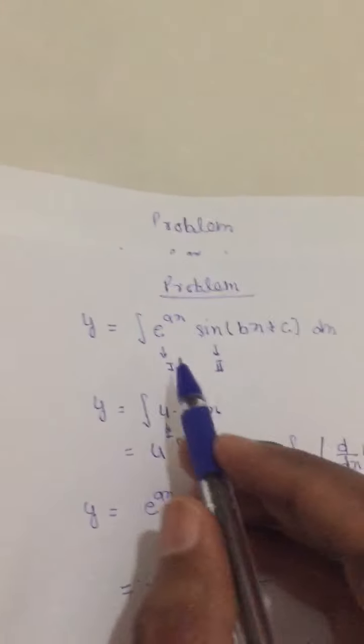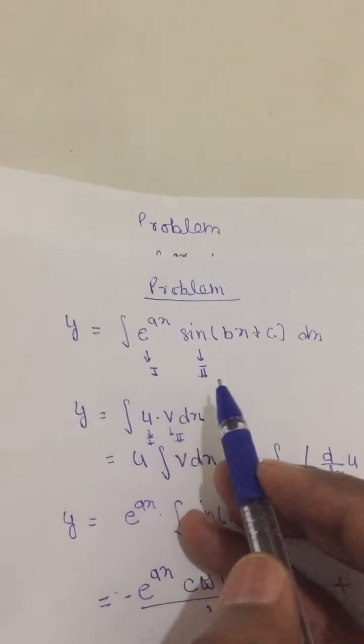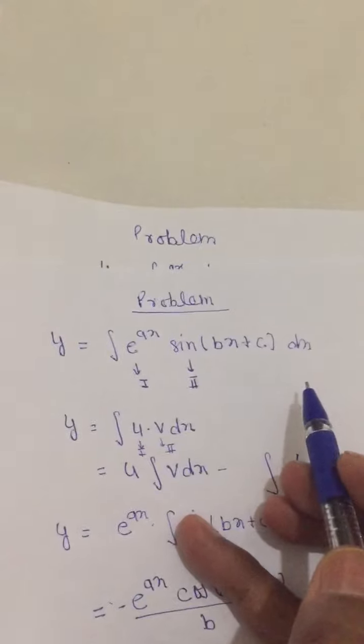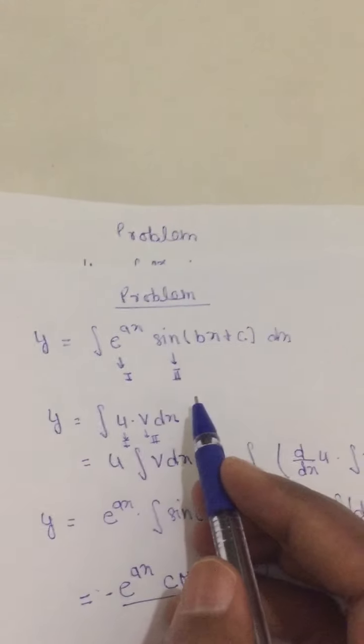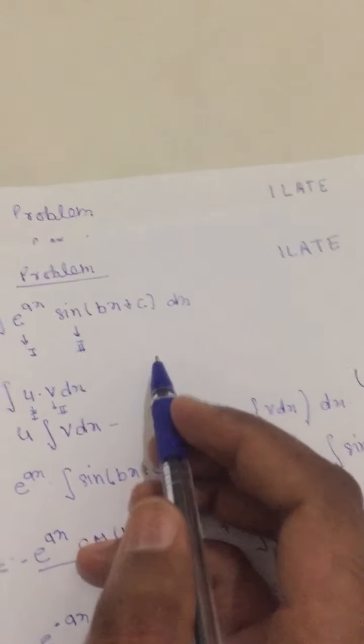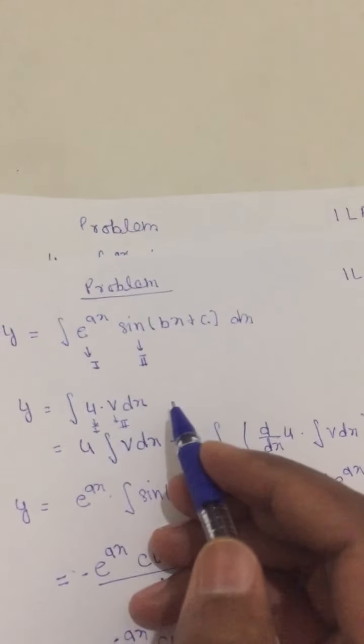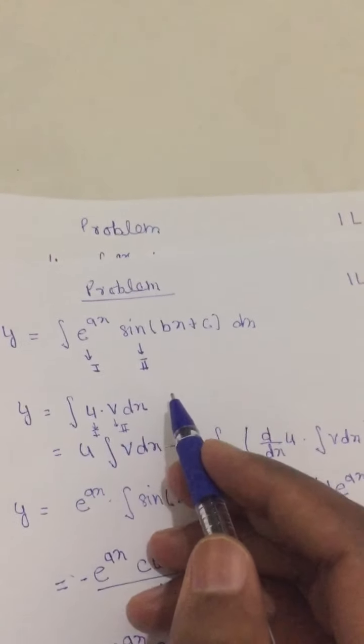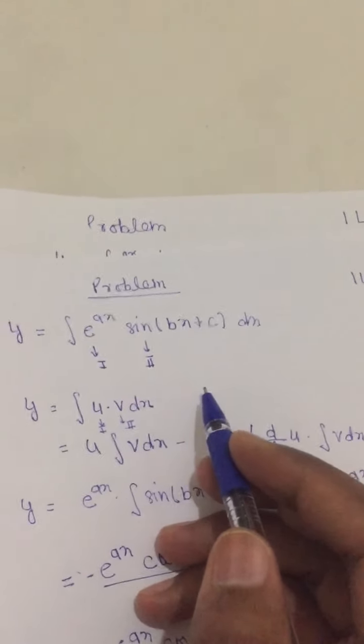Like here, y equal to integration e to the power ax sine bx plus c dx. Here we will take according to this ILATE rule. E is the exponential function and sine bx plus c is the trigonometry function. So first we will take the first function e to the power ax, and the second function sine bx plus c. Okay.